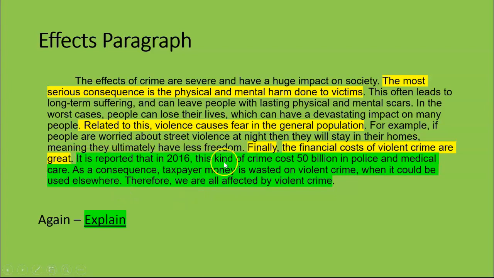This kind of statistic, I think, is really good for demonstrating your point. And they're not that difficult to find. So I found this with a 5-minute Google search. What are the financial costs of violent crime? Google search that. Took 5 minutes to find a good statistic to use. So I recommend trying that.